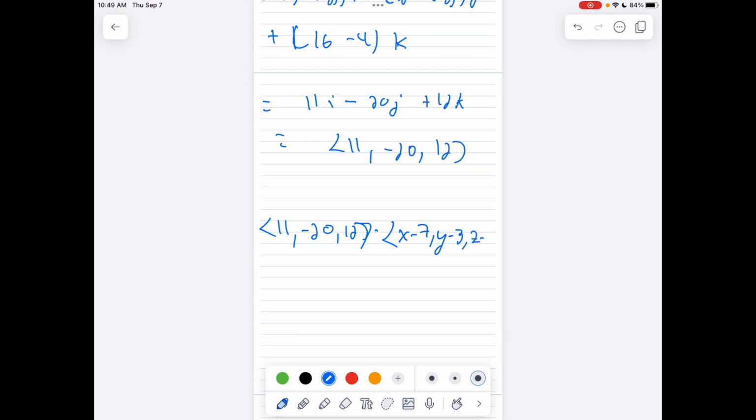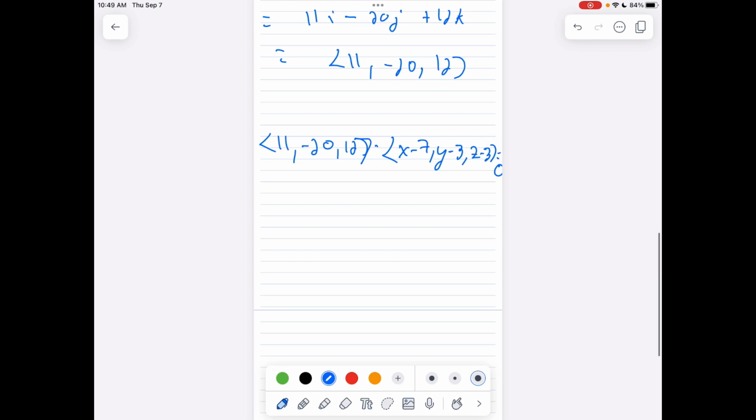Then all of that dotted equals 0. So we're doing a dot product now: 11 times (x minus 7), minus 20 times (y minus 3), plus 12 times (z minus 3) equal to 0. Okay, and there you go. That would be how you find your equation of a plane.